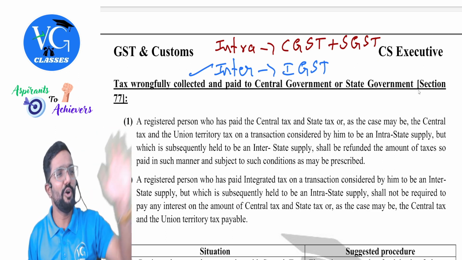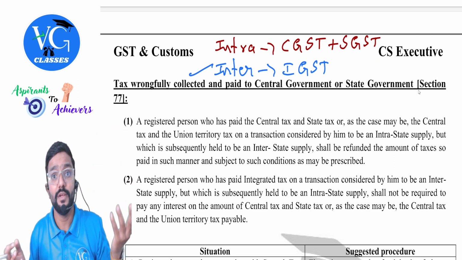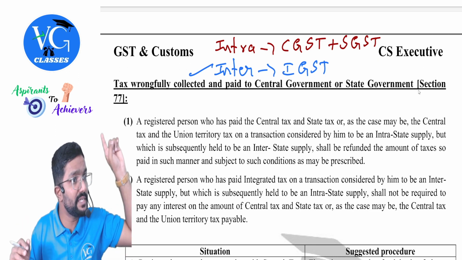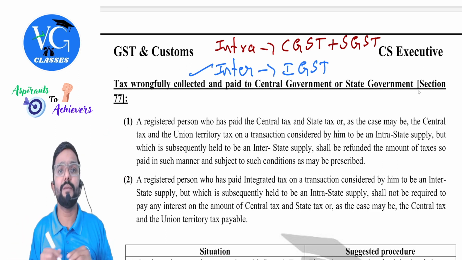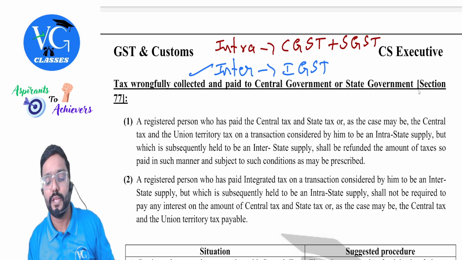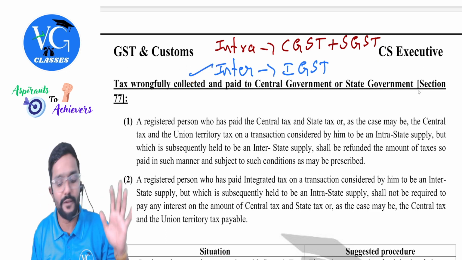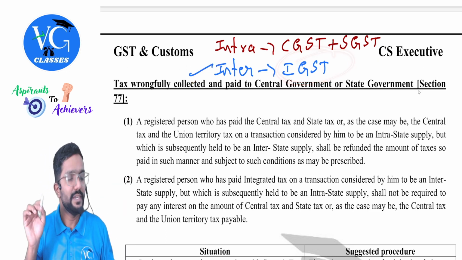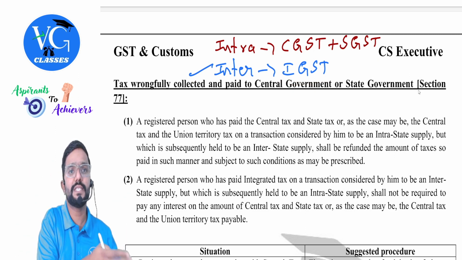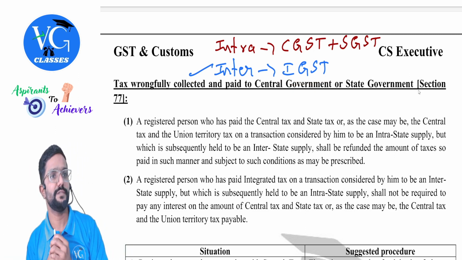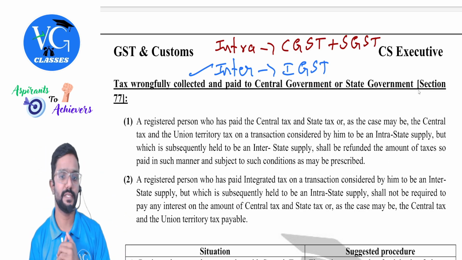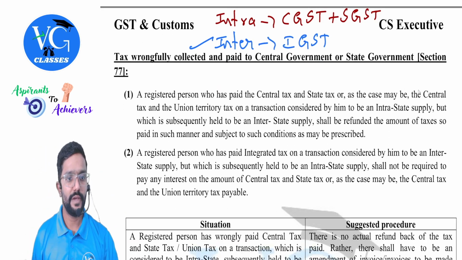No, no. Anyhow, I have paid, right? And the rate also will be the same. Guys, whether it is intra or inter, will the rate change? No. Assume the rate applicable for my goods is 5%. If it is inter, I will pay the entire 5% as IGST. If it is intra, 2.5% CGST and 2.5% SGST. Correct? Yes, sir. Fine. That is what is given.